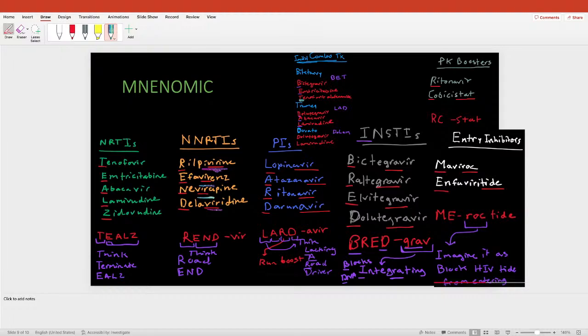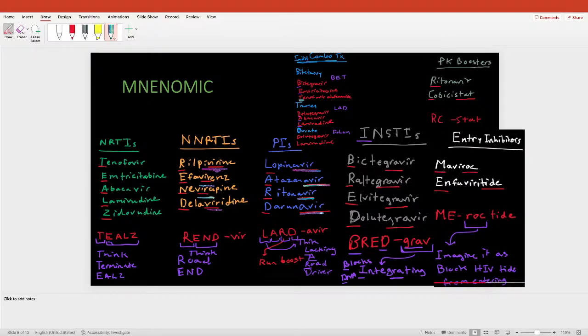I think you guys pretty much have an idea as to naming some of these HIV medications. Notice here in the PIs, it has an AVIR at the end. So if you see that in the name, that's a PI.